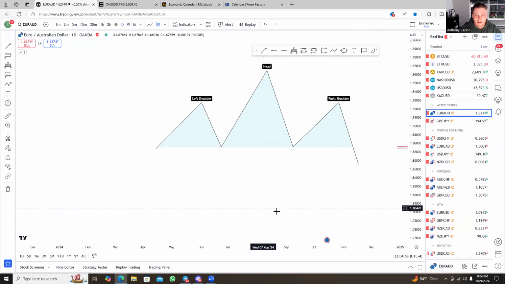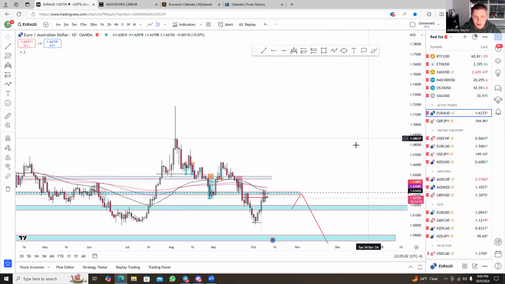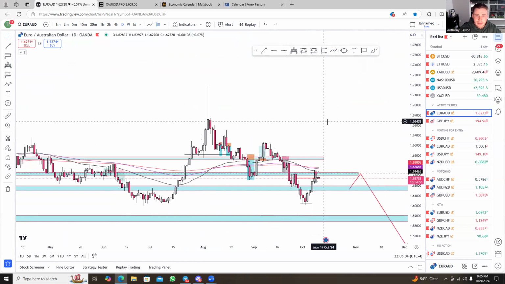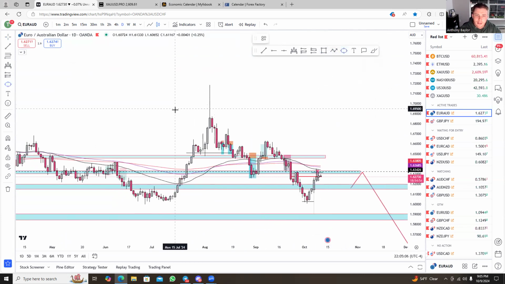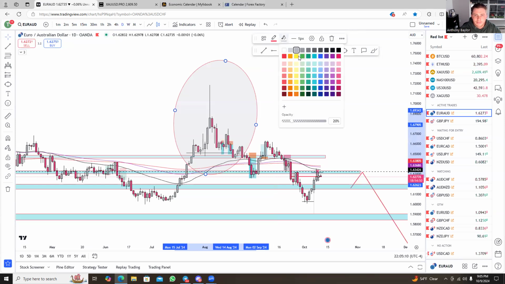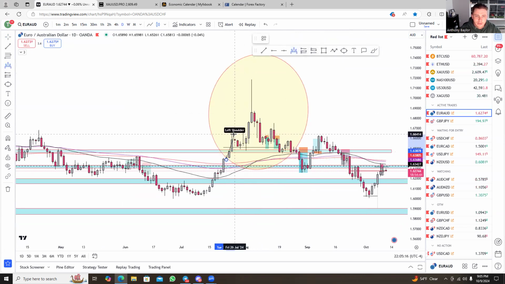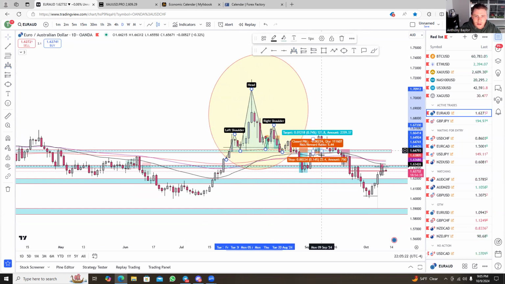Well, let's go look. I already see one right off the bat. What is this right here? See that? In the yellow? Left shoulder, head, right shoulder, right?